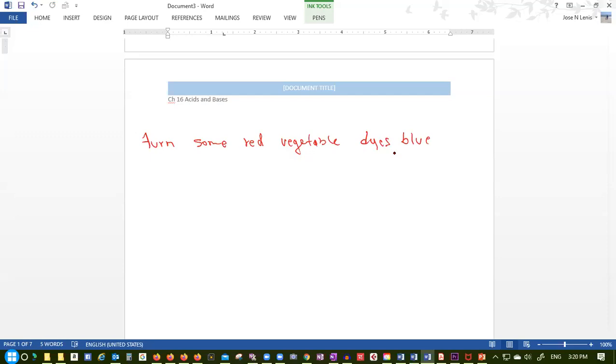Bases are known also for the ability to neutralize acids. So we have an acid and we add a base to the acid, we have an acid-base neutralization.